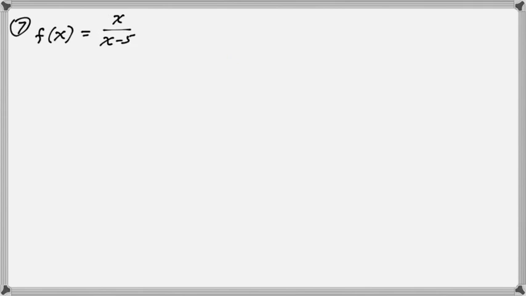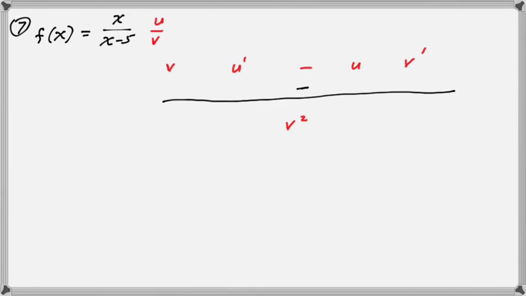Okay, now we have a quotient. This is a little different. You have to use the quotient rule. And the quotient rule is going to be v u prime minus u v prime, all divided by v squared. So let's fill this in. The minus is here. What is v? The bottom, x minus 5, times the derivative of the top, which is just a 1, isn't it?